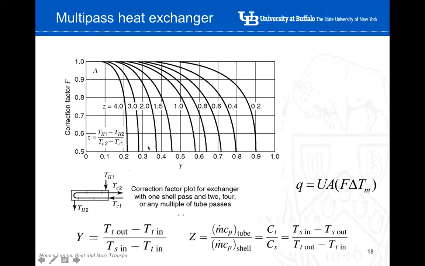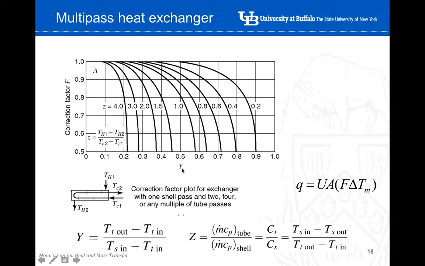This graph corresponds to this geometry here, and depending on the geometry you have different charts. Z is the ratio between the capacity of the fluid going through the tube over the capacity of the fluid going through the shell.